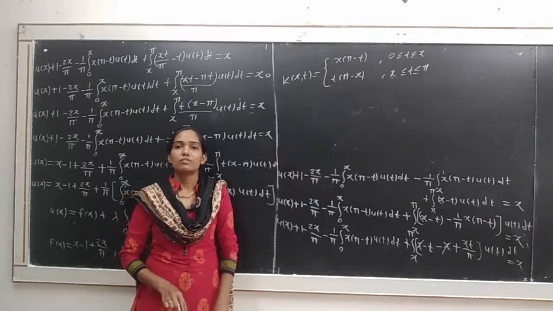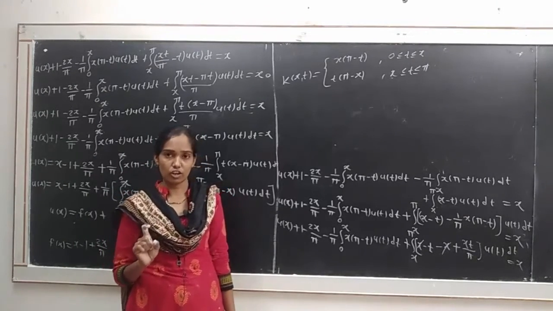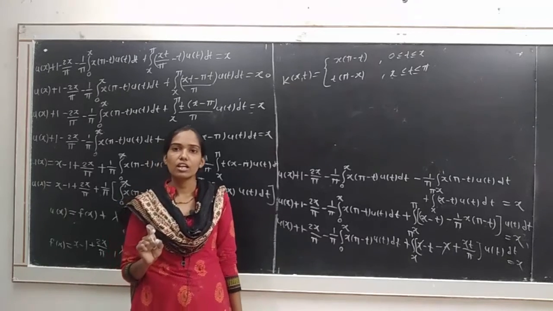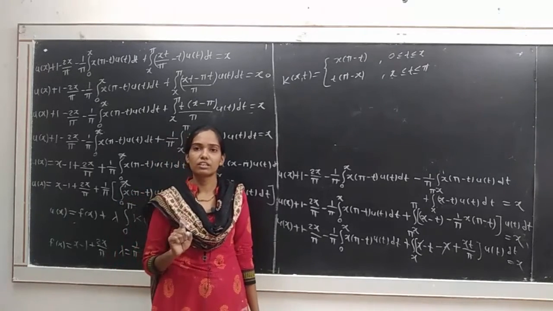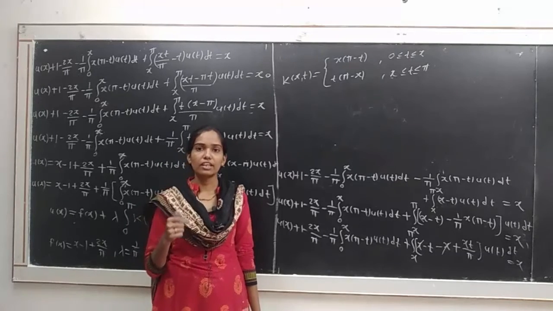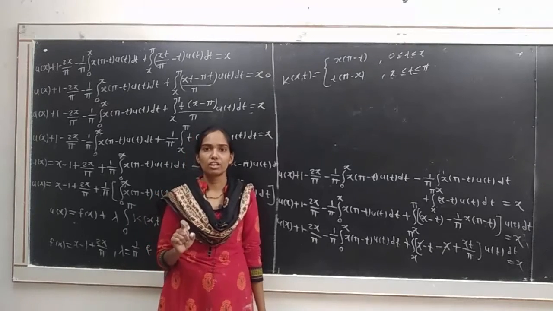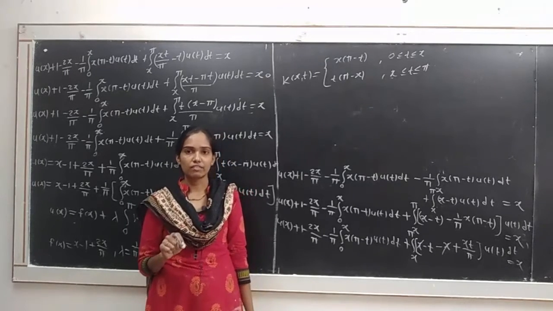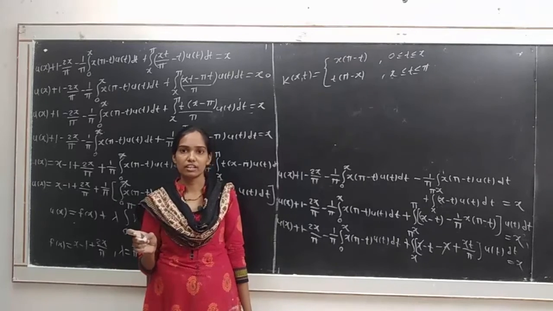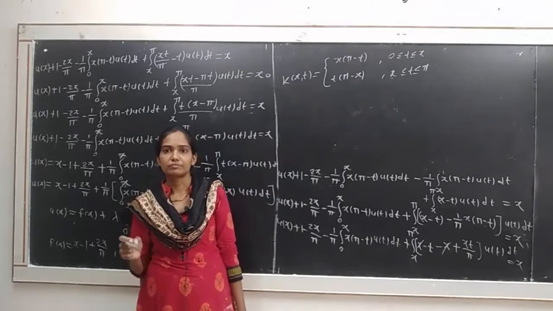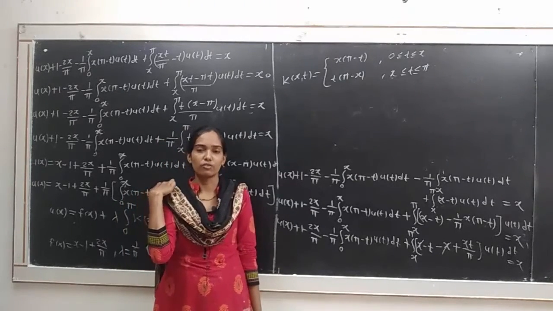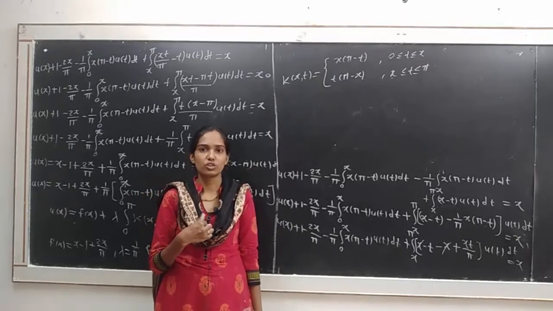For that, first we have to set the higher order derivative equal to some function in x. Then take integration of that equation up to converting that equation into the Volterra integral equation. In that, we have to find the value of y dash of 0.